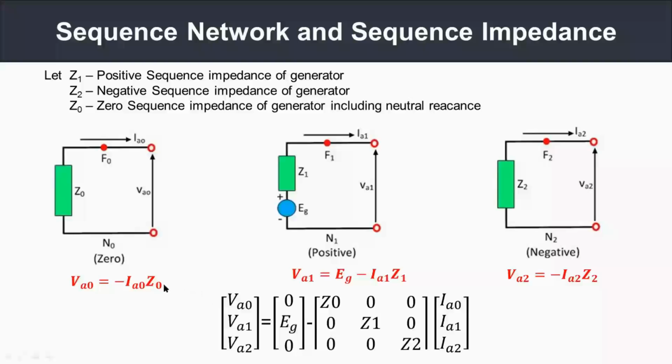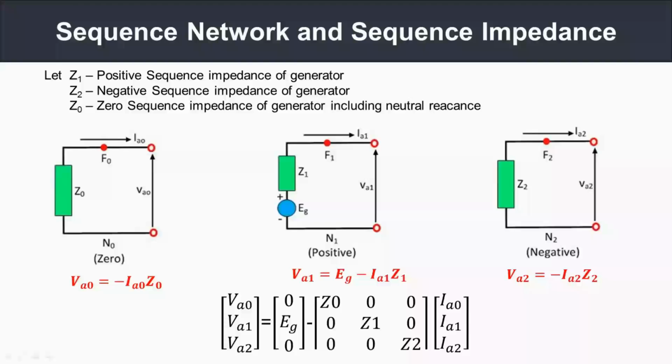Then minus [Z0, 0, 0; 0, Z1, 0; 0, 0, Z2] times the current coefficients IA0, IA1, IA2. These three equations are written in matrix form to get this equation. This matrix equation is called the sequence network equations. Totally, these 5 equations are important equations.